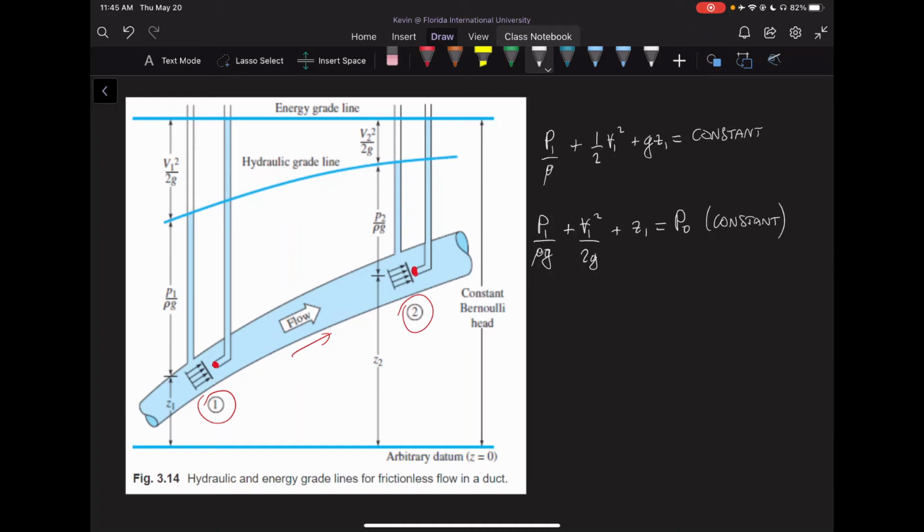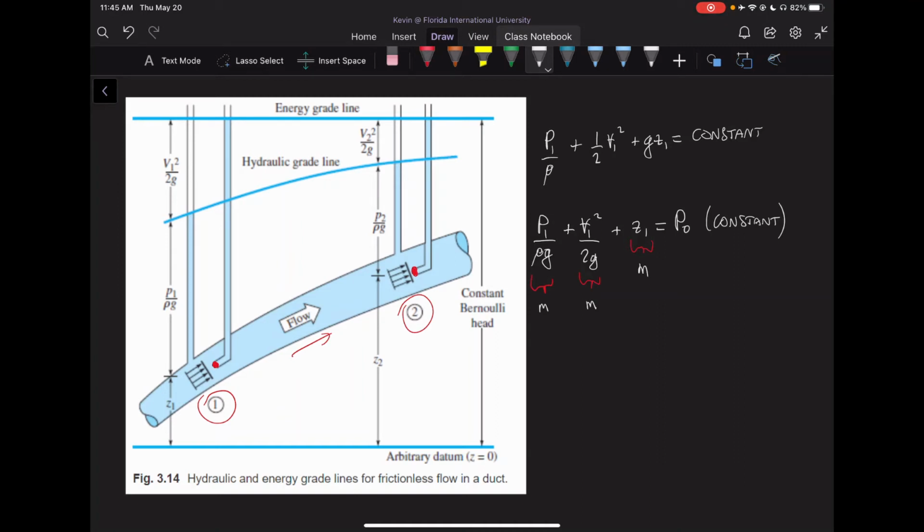Now, since it's equal to a constant, what are the units of this term, and this term if this is dimensionally homogeneous? We know that the units of this are just going to be distance. So this is meters, meters, meters. So we have an equation in terms of distance.